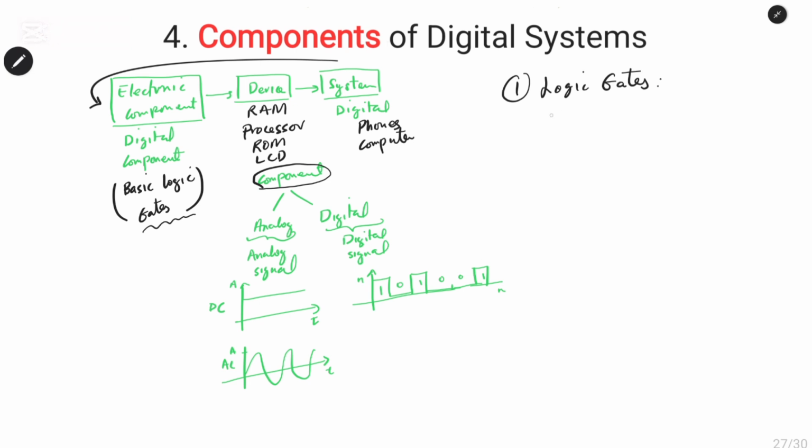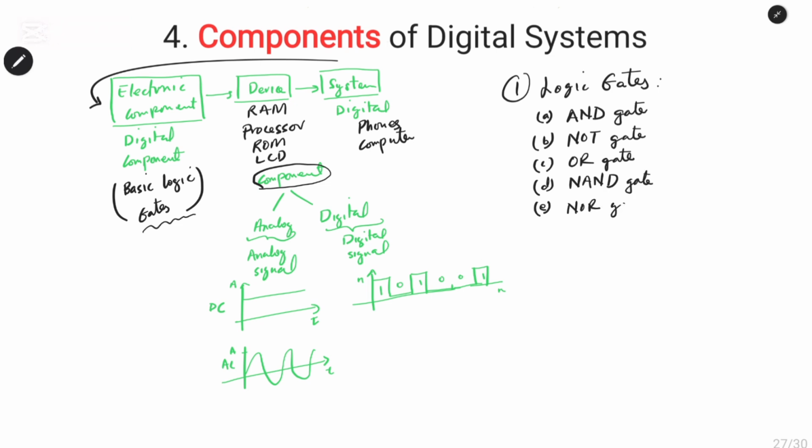So logic gates, we have first the AND gate, B we can say the NOT gate, C we can say OR gate, D we can say the NAND gate, E we can say the NOR gate, and F we can say XOR gate. And this will be our first discussion of the component of a digital system.